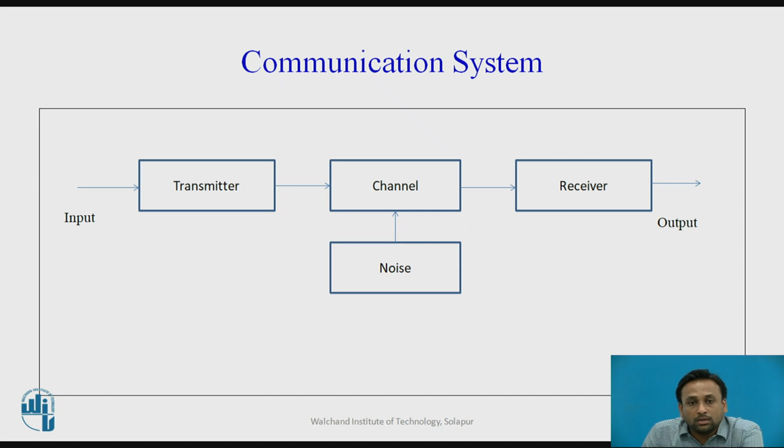Next, that information is transmitted through a channel, and the channel consists of two mediums. One is wired and the second one is wireless communication. In wired communication, we can use a twisted pair cable, coaxial cable and fiber optic cable. A twisted pair cable is used where a little data is transmitted, up to a few kbps.